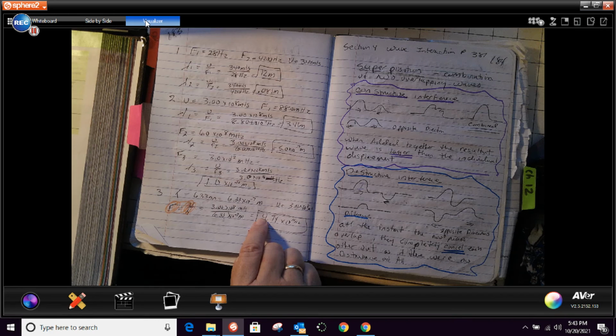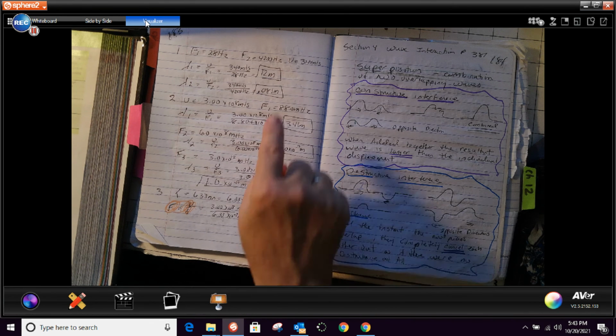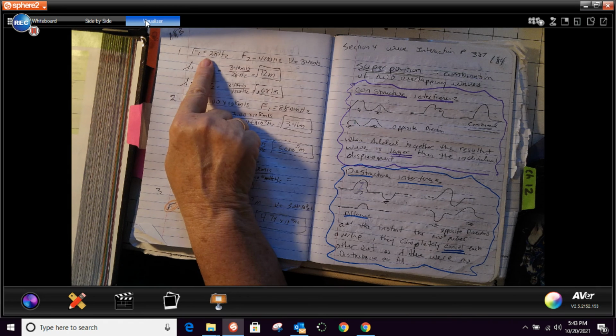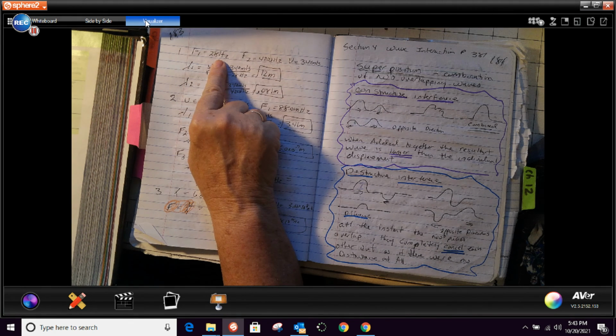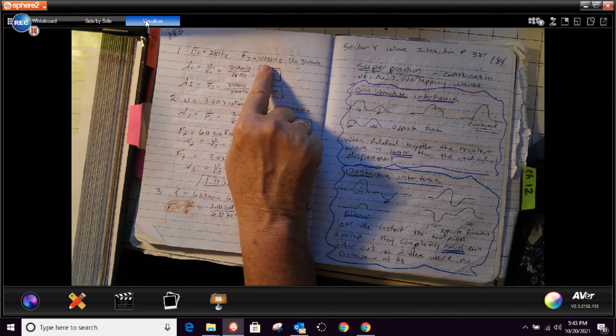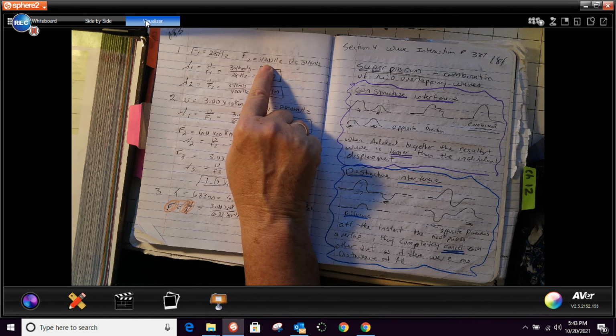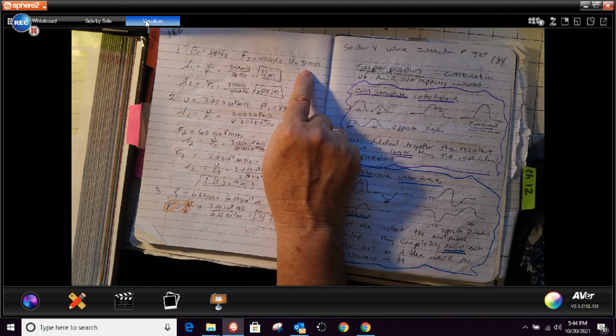So what you're going to do is take what you have here. Our frequency 1 starts at 28 hertz, and our frequency 2 is 4,200 hertz. And then we have the speed at 340 meters per second.